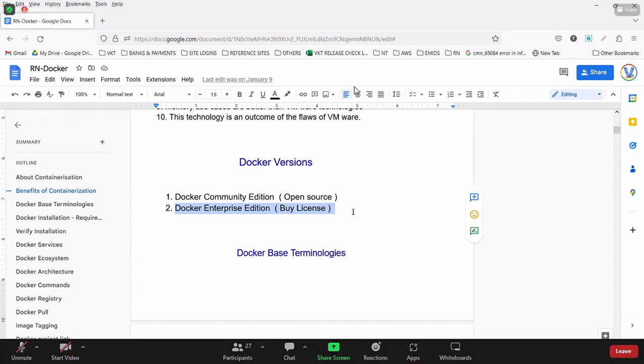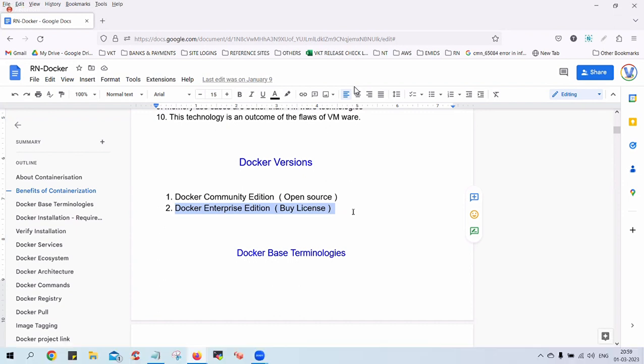In Git also you have the enterprise edition, guys. You can buy. Okay, GitHub also you can buy. But when you talk about Docker, got it now? Jenkins is entirely free. There is no enterprise edition, no pricing policy there. If you want to install, it's free. Okay, so Docker community edition is free. For the enterprise edition, you need to buy the license.